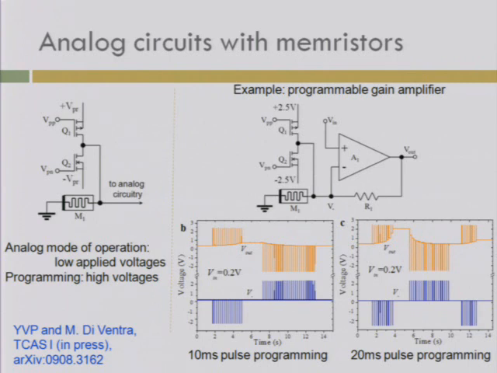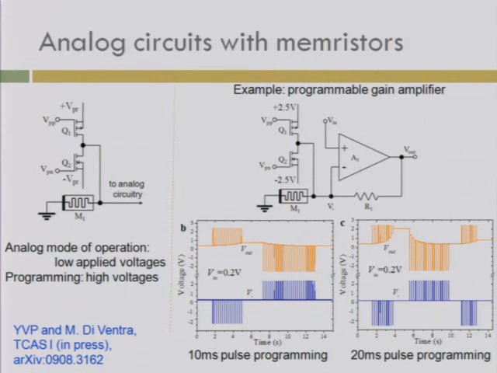Here we use a memristor emulator instead of a memristor, but in the future, of course, we can use real memristors in these circuits. The ratio of R1 to M defines the circuit gain, and this picture shows that by applying a train of pulses, we can change the gain of the amplifier.